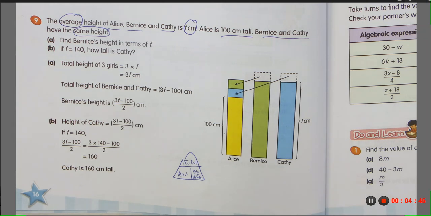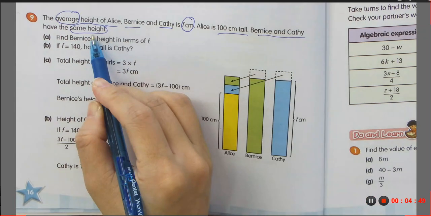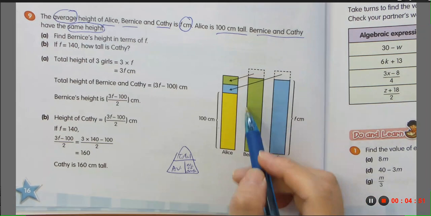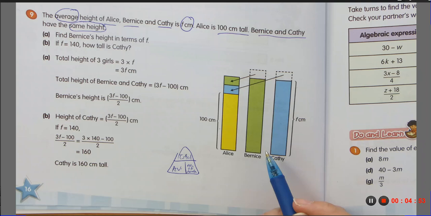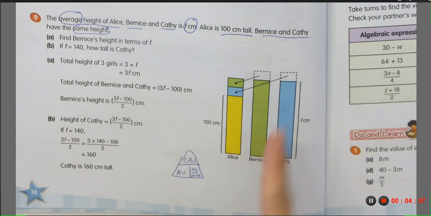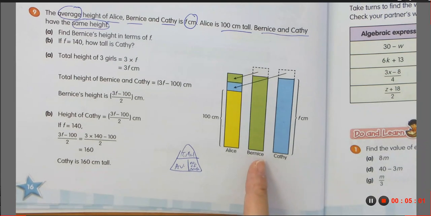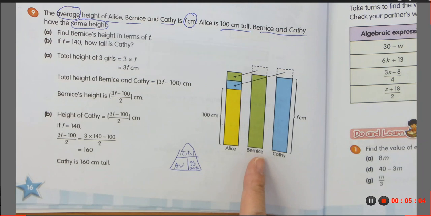It won't be equal. That is the most important thing, because it says here Bernice and Kathy are the same. If they give different amounts, their heights are going to be different. So they have to give the same. That's one thing to make sense of the question: remind yourself of average and make sense of the diagram that is being drawn.